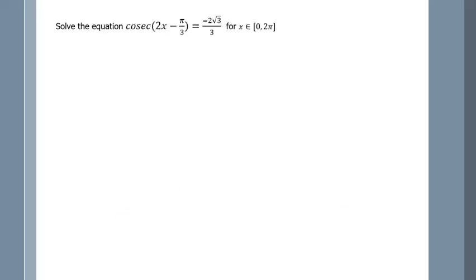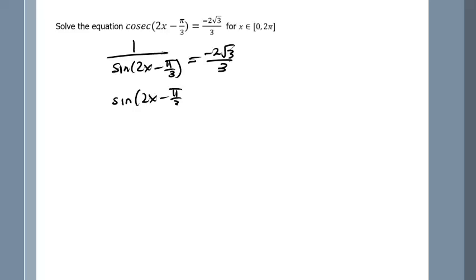To solve cosec of 2x minus pi on 3 is equal to negative 2 root 3 on 3, the first thing I'm going to do is write 1 on sine of 2x minus pi on 3 is equal to negative 2 root 3 on 3. We can flip them both upside down, so I get sine of 2x minus pi on 3 is equal to 3 on negative 2 root 3.